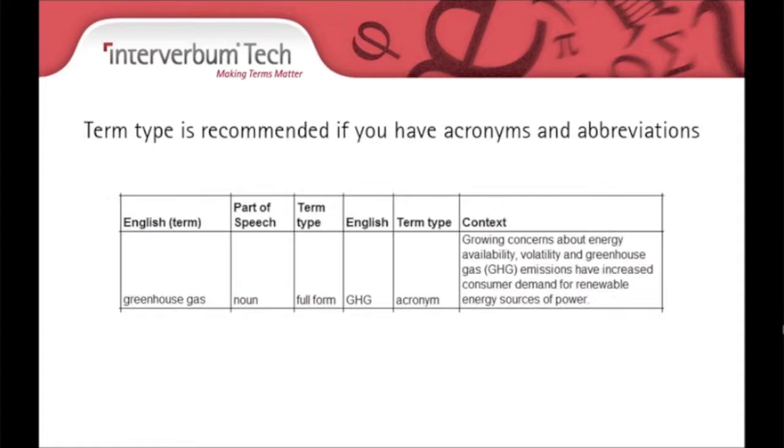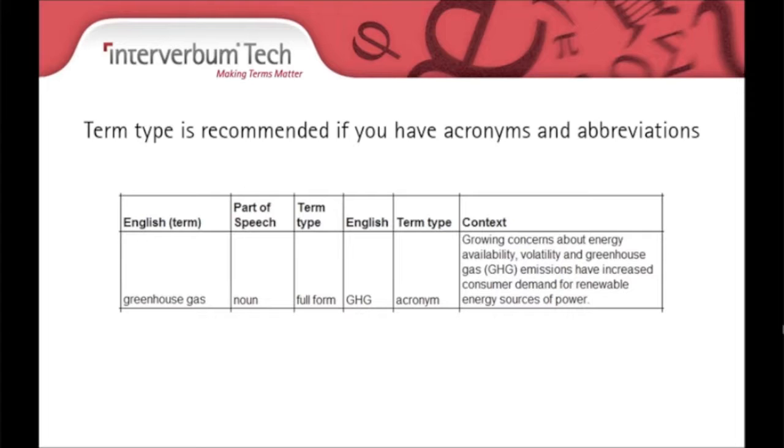So as I said in the last slide, there is such a thing as term type, okay? And this is very useful, especially if you have acronyms. Down the road, you may need to be able to isolate acronyms for a certain purpose. For instance, someone comes to you and asks for a list of all acronyms in all your glossaries. How do you do this if you don't have this encoded in a special column? Okay.